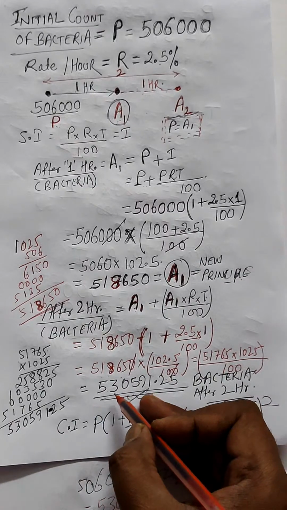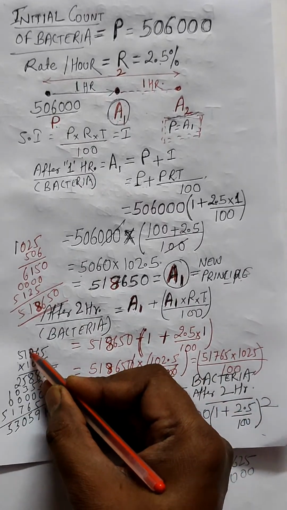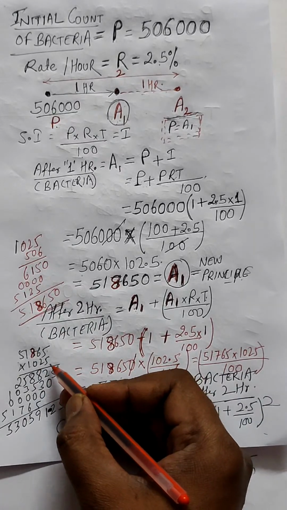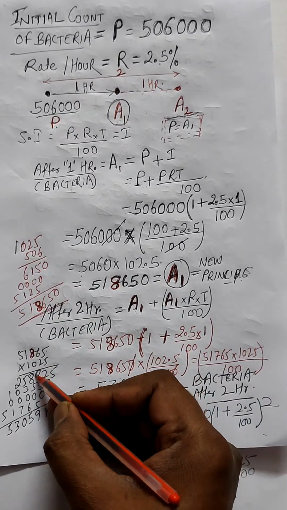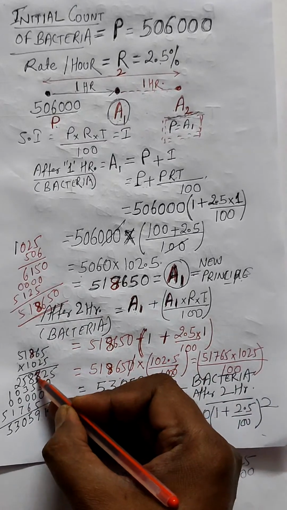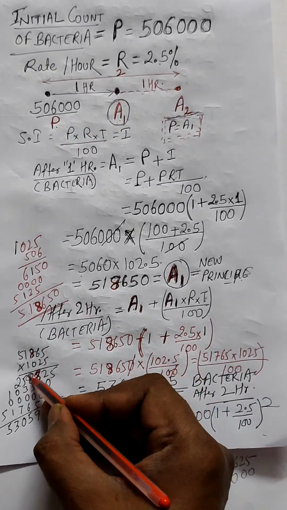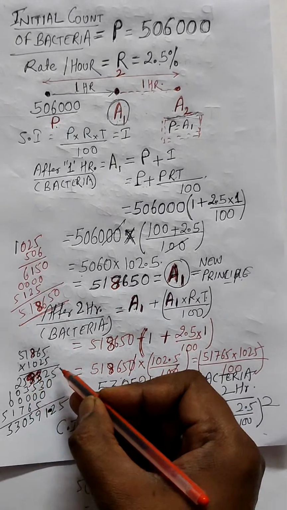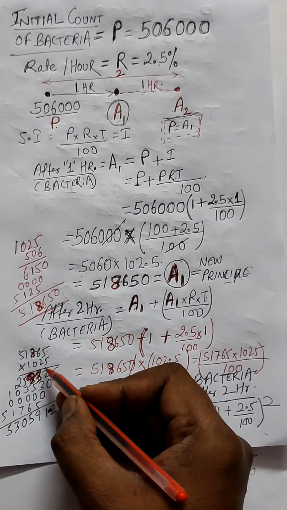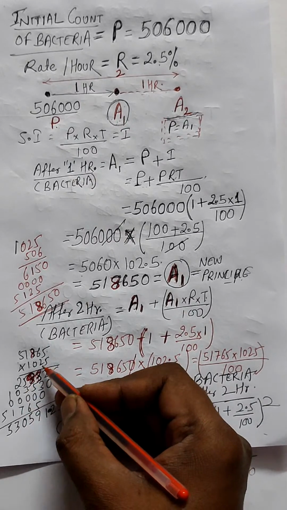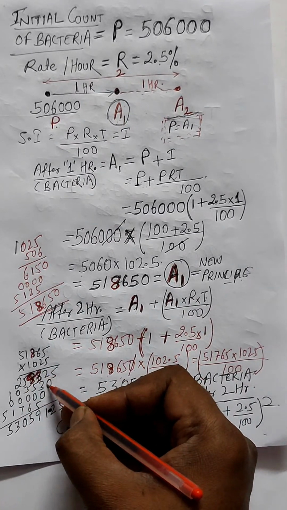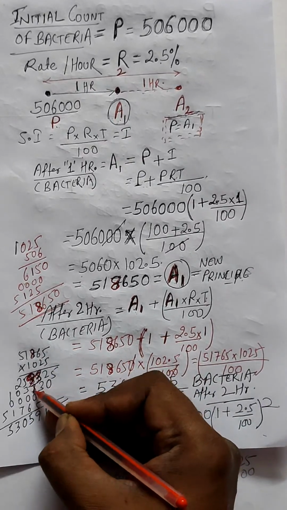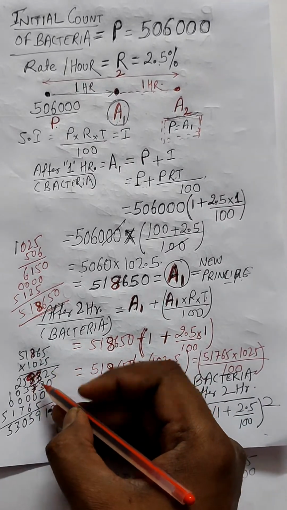Because it will be 518650, and when you multiply it with 102.5, from 2 into 5 is 10, carry 1, 13, carry 1, 2, 16. This will be 7, this will be 7.